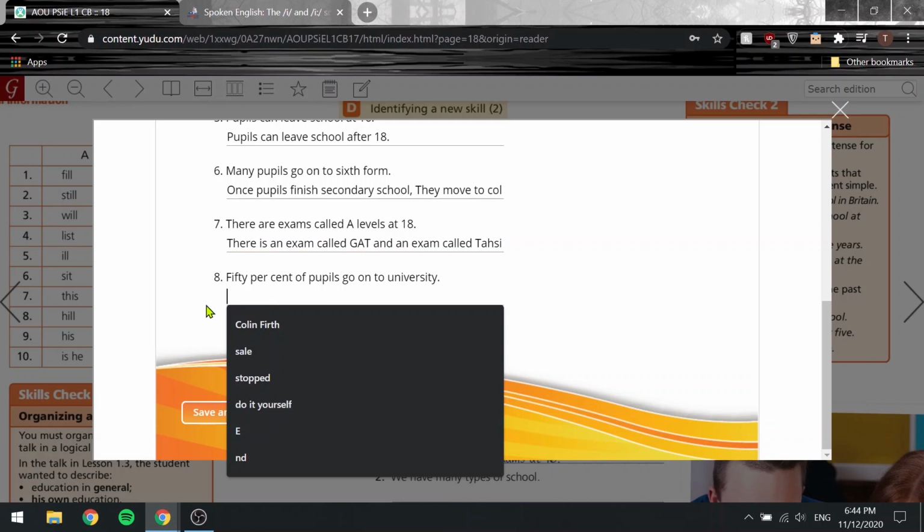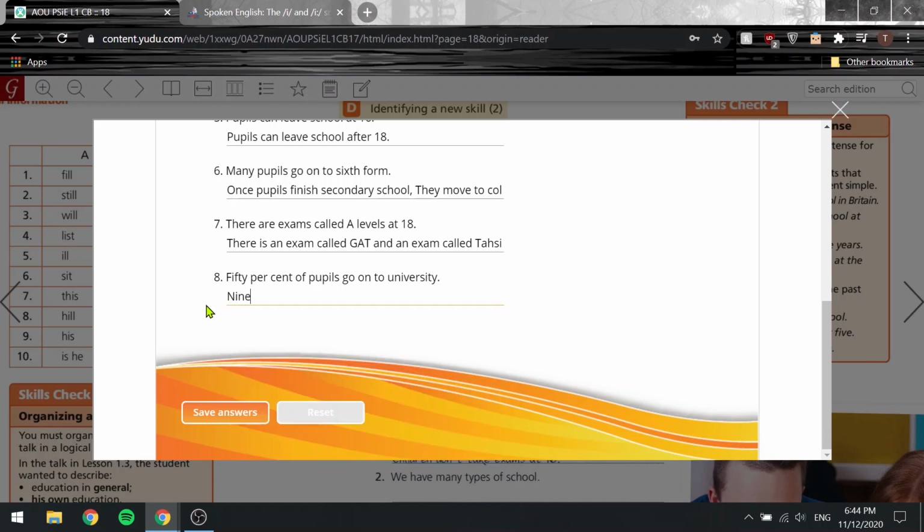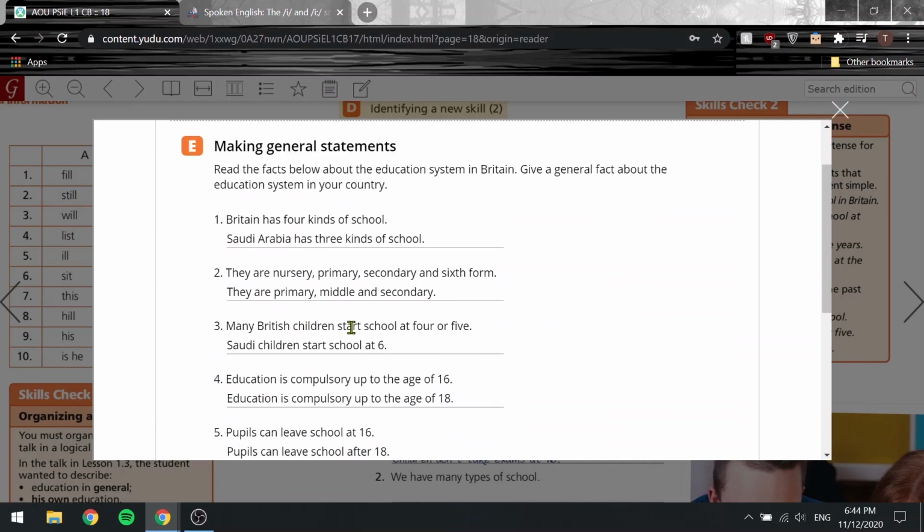We have about 90% of pupils go on to university. Okay, so let's read all of these one more time. Saudi Arabia has 3 kinds of school.